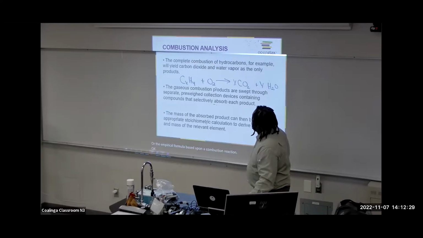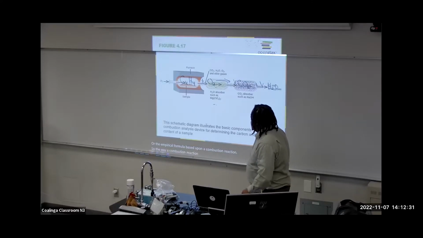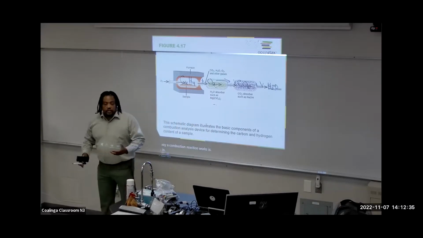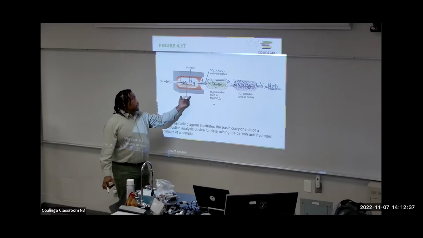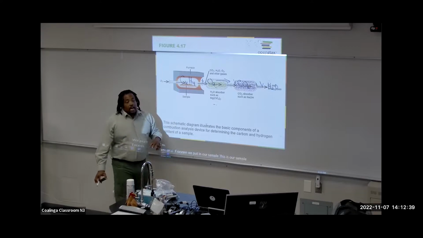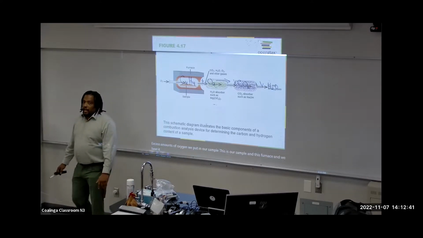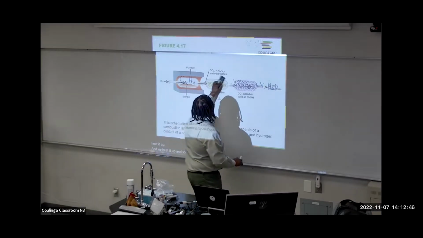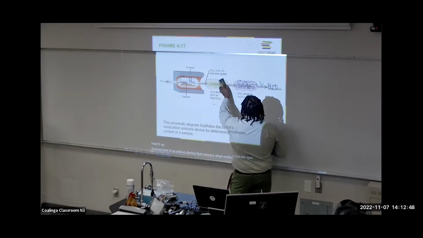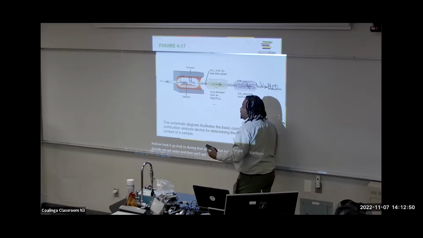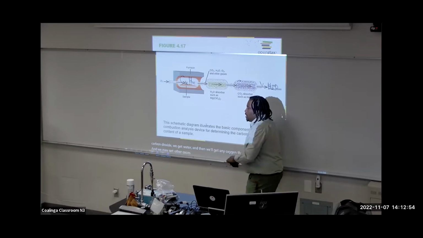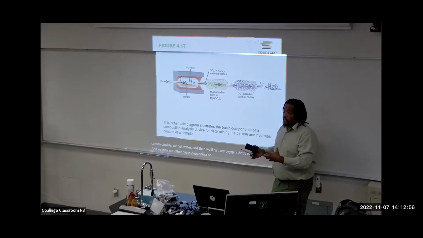So the way a combustion reaction works is we put in excess amounts of oxygen. We put in our sample. This is our sample in this furnace, and we heat it up. During that process, we get carbon dioxide, we get water, and we'll get any oxygen that's in excess, and we may get other gases depending on what that substance is, right?